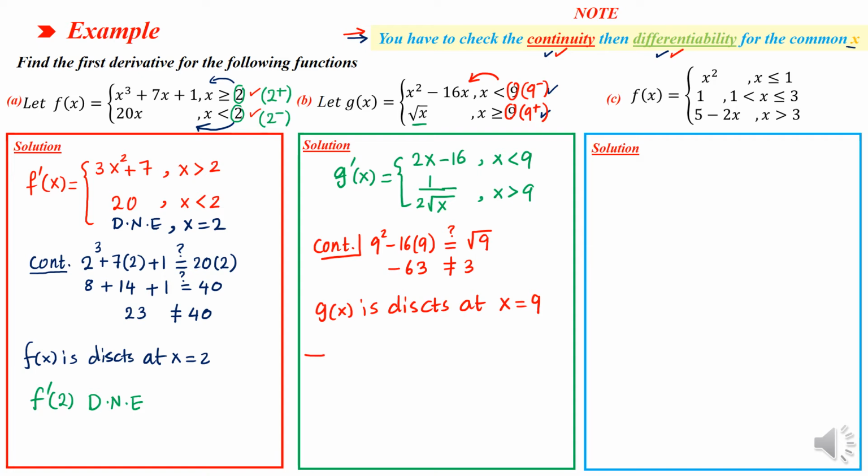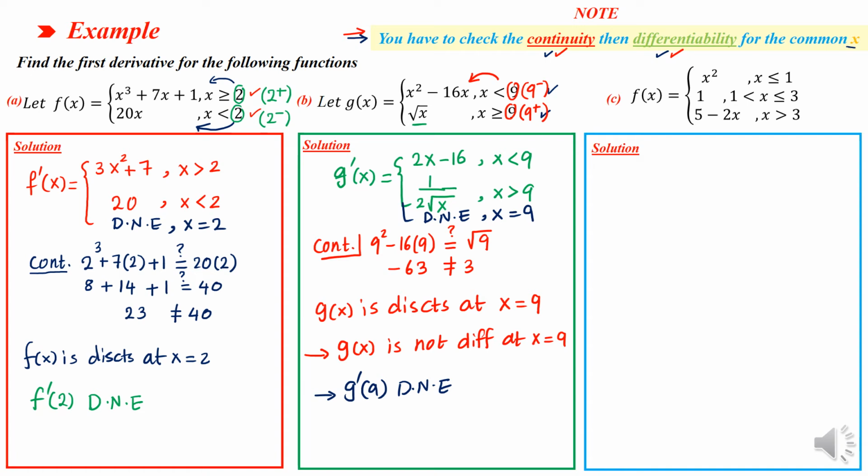So g of x is not differentiable at x equals 9, which means that g prime of 9 does not exist. So you have to write here does not exist when x equals 9.